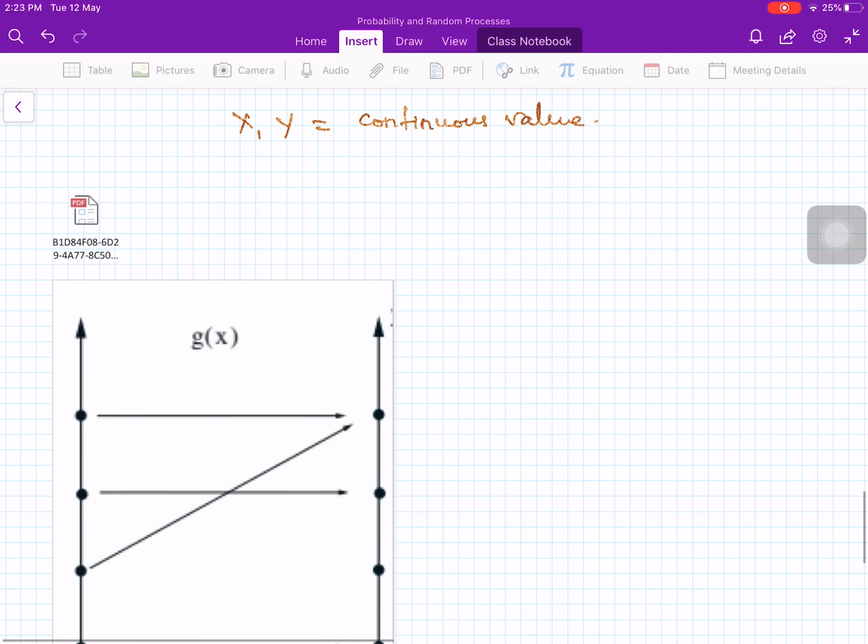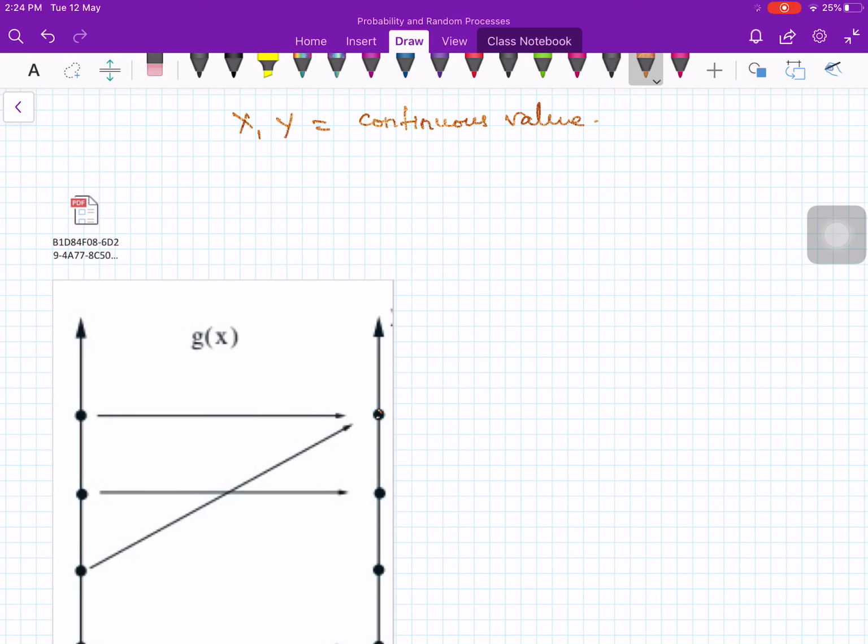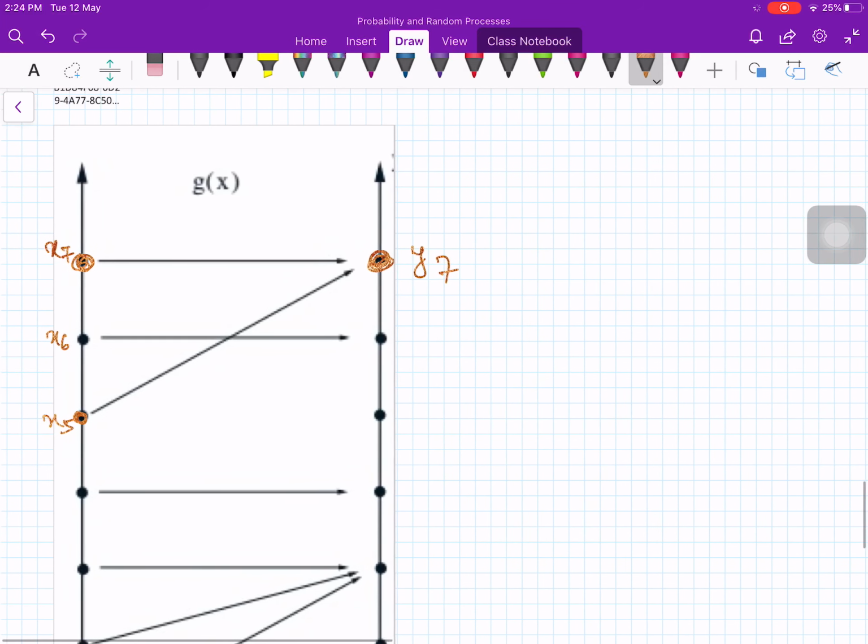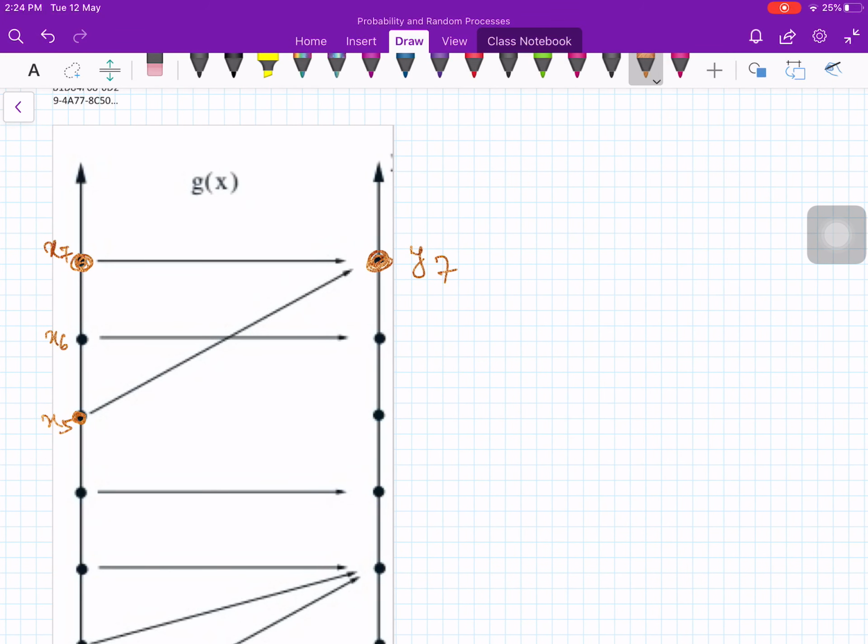Okay, now this is my y7 point, and this is x7, x6, x5. So these are the points. Now let us try to understand what is the probability that y is going to take this value, what is the probability of P of y7?